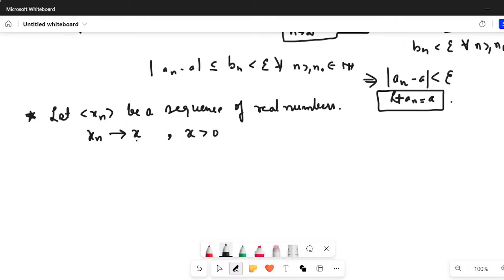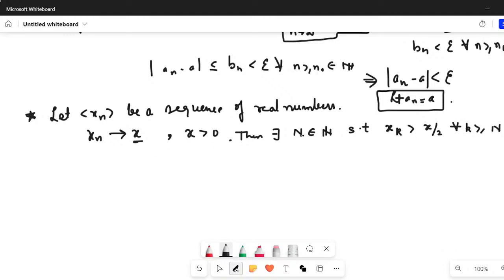That is, the limit of xn is positive. Then there exists some natural number n such that xk is always greater than x by 2 for all k greater than or equal to n. What does it imply?